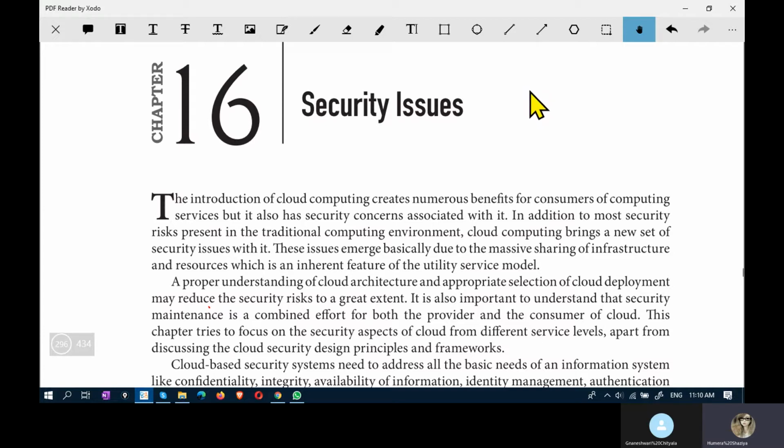All these topics will be discussed in this chapter, which is security issues.